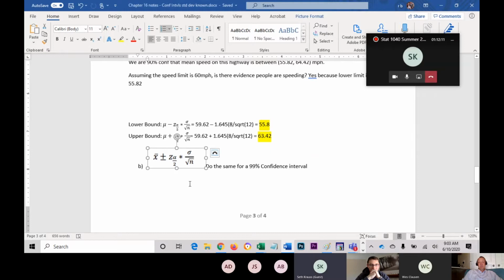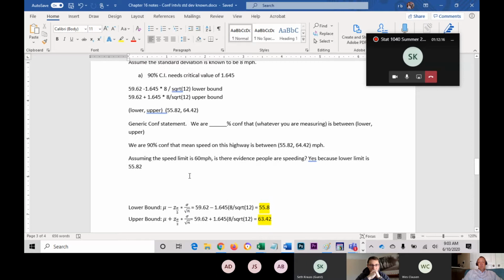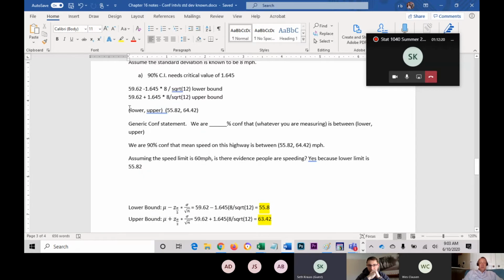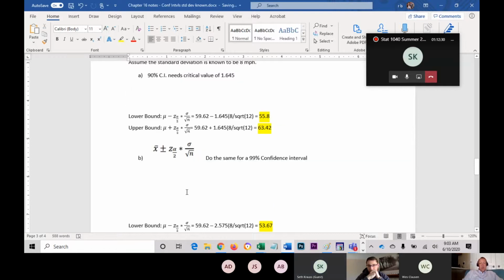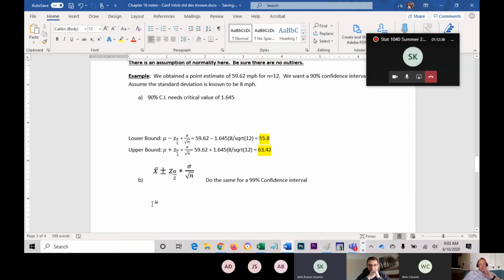Yeah, so you would get the 59.62, and then for the lower bound, you'd subtract.